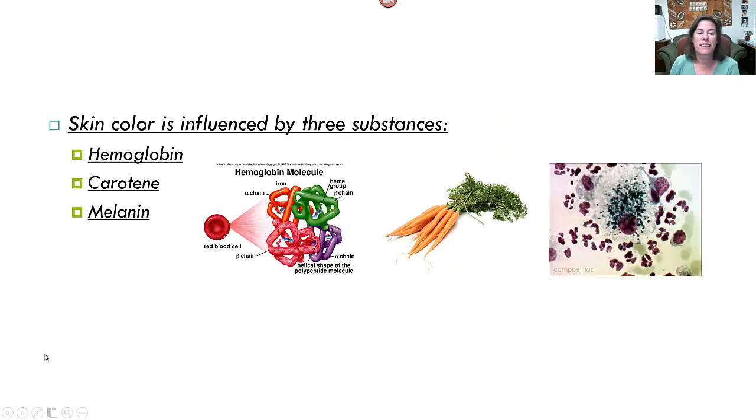Okay. Well, skin color is predominantly influenced by three main substances: hemoglobin, keratin, and melanin. For the purposes of this class, we're not really going to be talking about hemoglobin or keratin. We're going to primarily restrict our discussion to melanin and how melanin influences skin color.